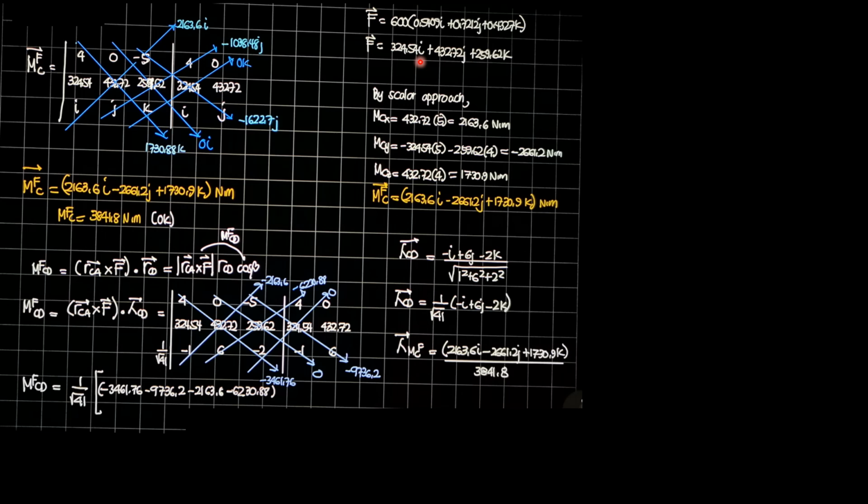So if we study this X component, it is parallel to the CX axis, so it has no moment. This is the only component which is upward that has moment about Cx, and it is positive by right-hand rule.